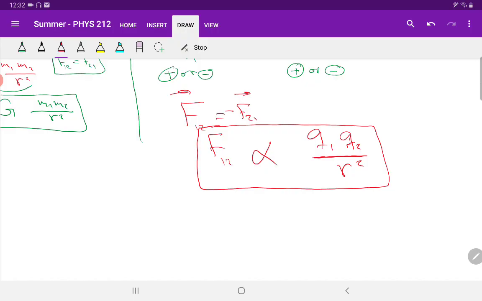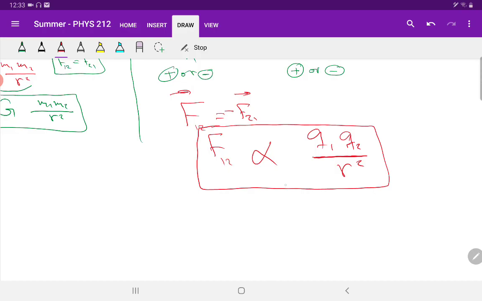If we place it in a different material, for example water, then the interaction will be a little bit different, and we'll talk about that later when we discuss the dielectric material and the capacitor. But for the time being, we will assume that the space between these point charges is always vacuum.